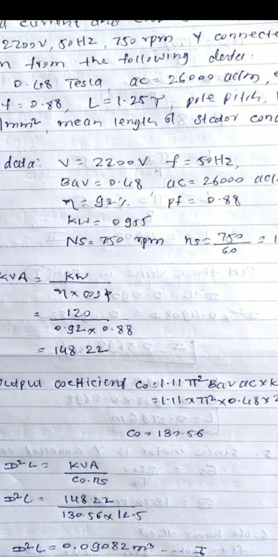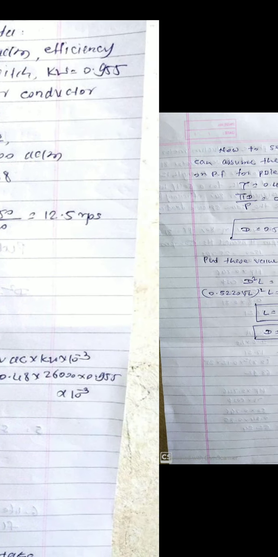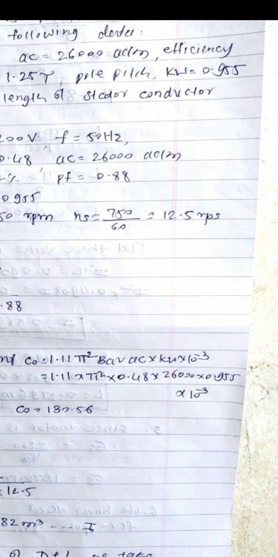That speed we have to convert into rps. For that it should be divided by 60, it will become 12.5 rps.